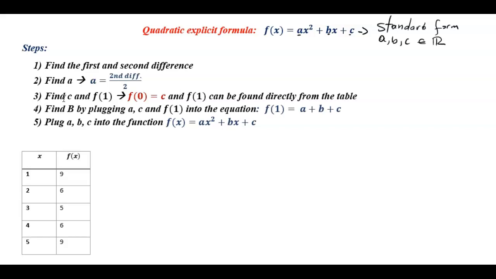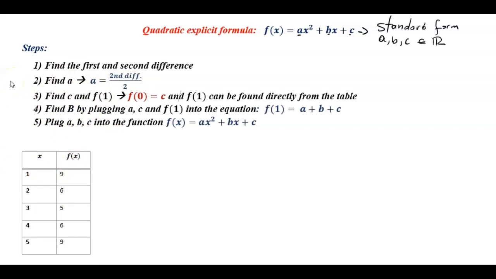If you have a common ratio, then you have an exponential function. The second common difference is what tells us that we have a quadratic function. So let's use this table right here to see how that works.